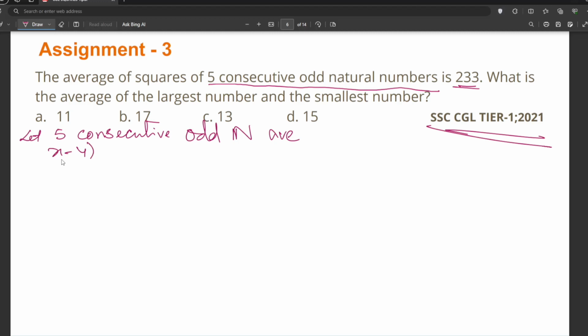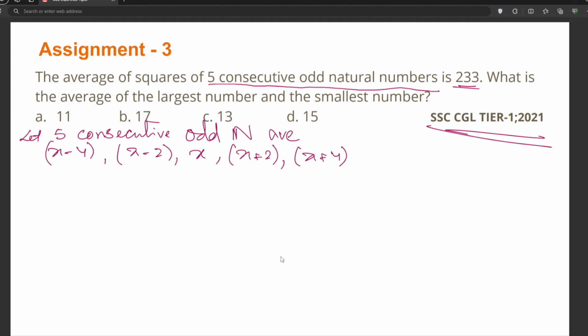x minus 4, x minus 2, x, x plus 2 and x plus 4. If we take x as an odd number, then x plus 2 is an odd number, x plus 4 is an odd number, x minus 2 is an odd number and x minus 4 is an odd number. Because if we add an even number with an odd number, then we'll get an odd number.